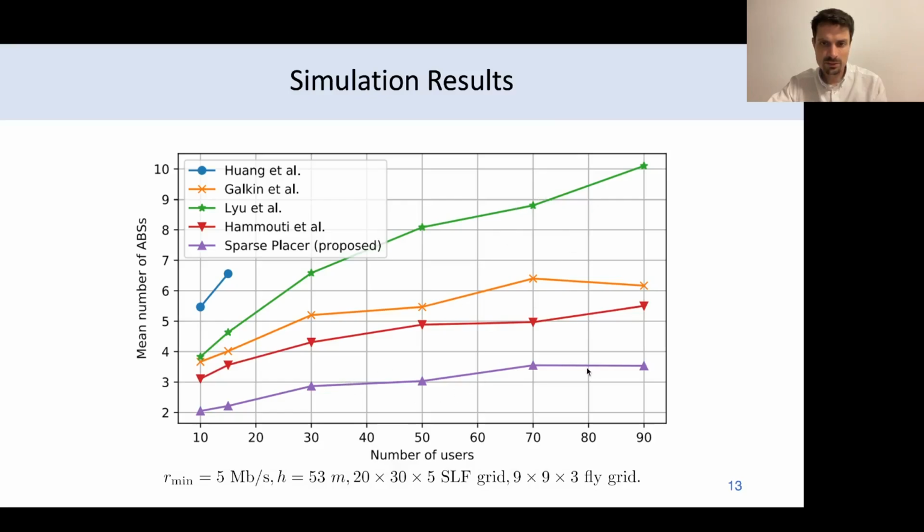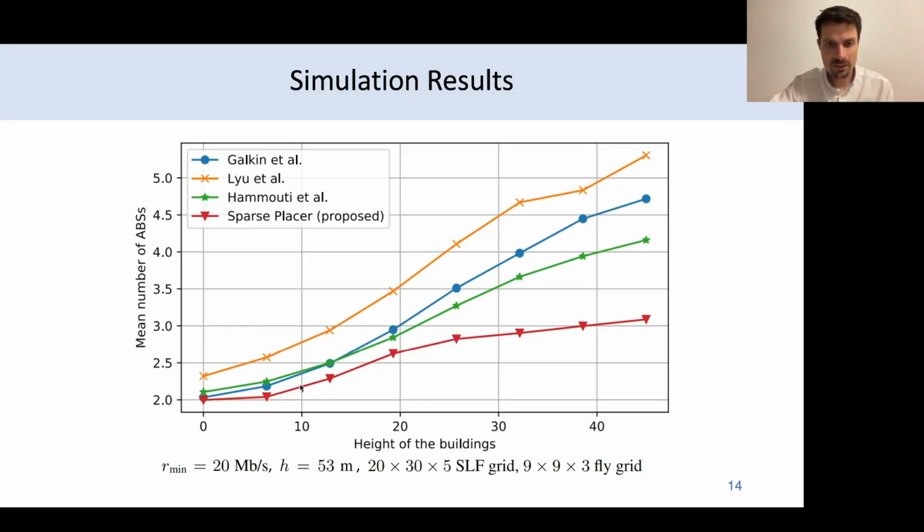It is also the increase with the number of users is milder. Here we observe a similar effect, but now we are plotting the mean number of ABSs versus the height of the buildings. As the buildings grow higher, the channels typically become worse, right?